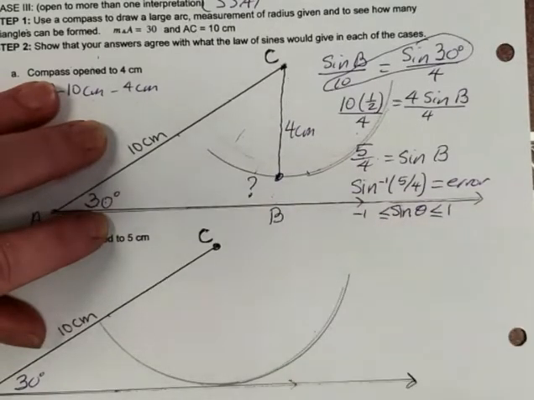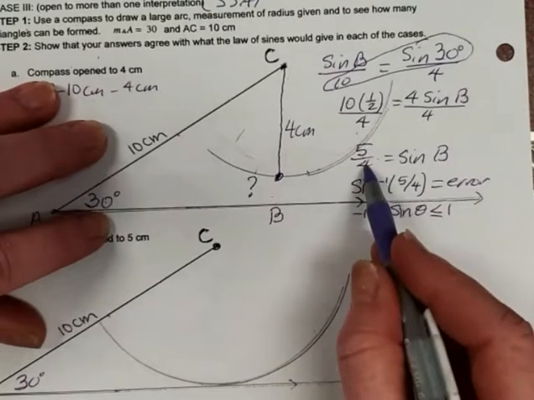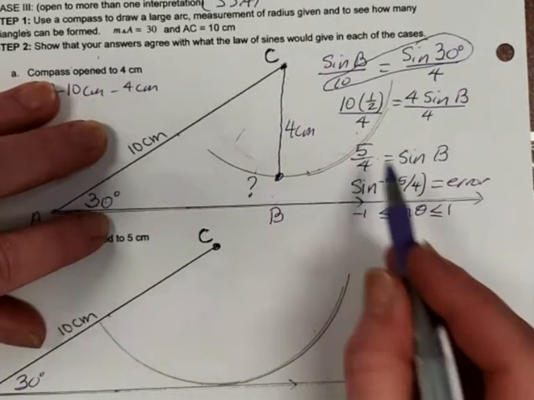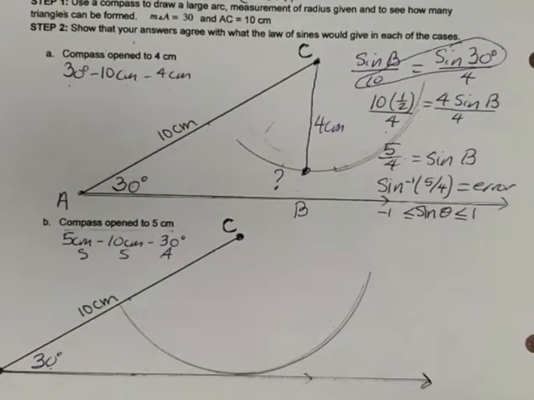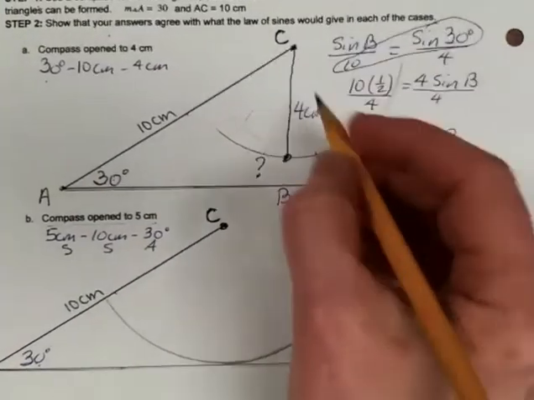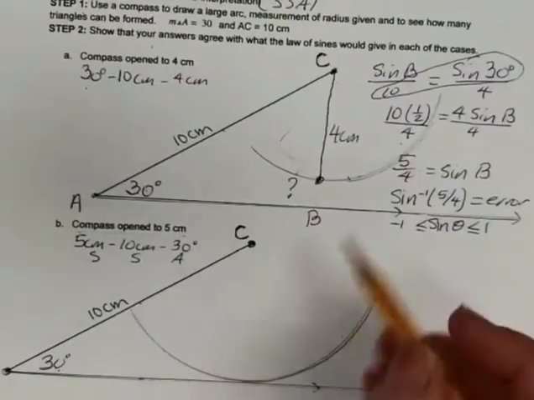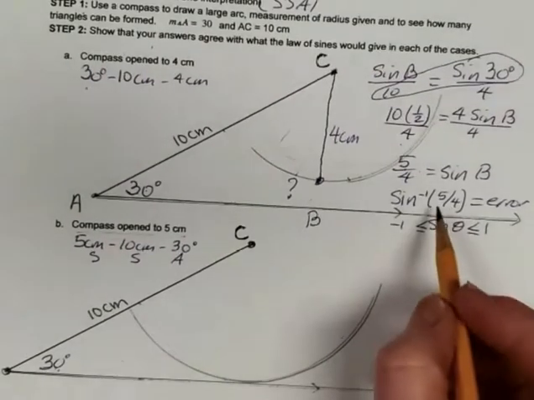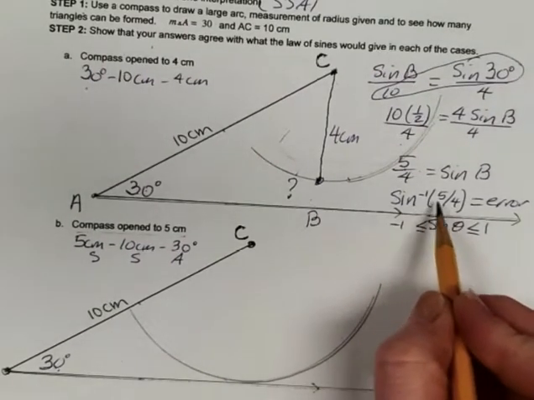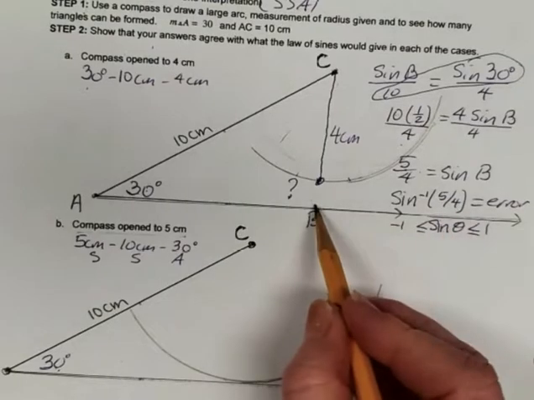So there is no angle measure whose sine is 1.25, which is 5/4. So that verifies it. Okay, so we found out that for this first example, the triangle can't exist, and the law of sines confirms that because the sine inverse of 5/4 does not exist.